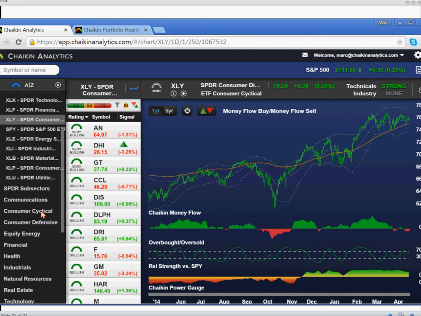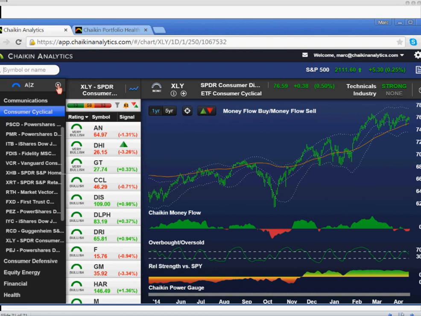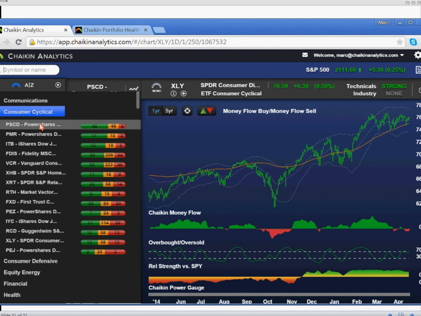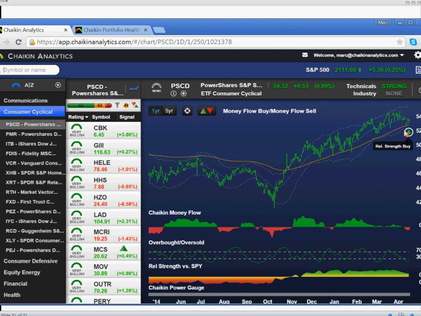So within consumer cyclical, ranked by power gauge rating, here's the PowerShares Small Cap Consumer Discretionary ETF. I want to see the chart on it to see if this ETF is performing well, and it has been performing well. You had the bullish personality change here in October. Just triggered a relative strength buy signal. So this is a pretty good performing ETF with good potential.